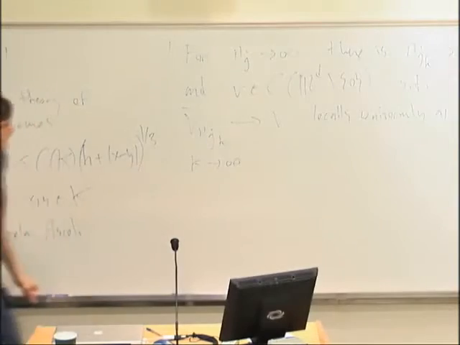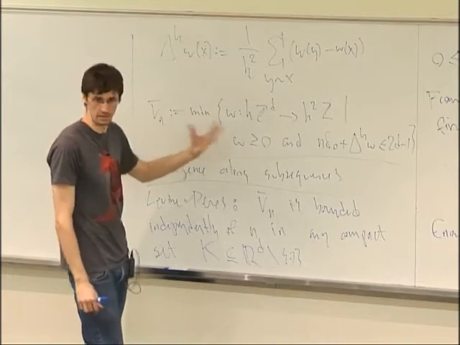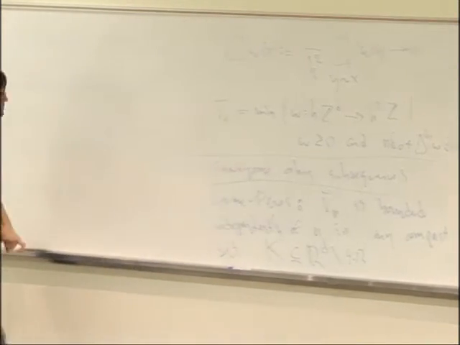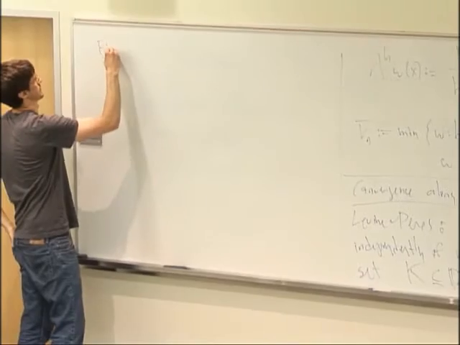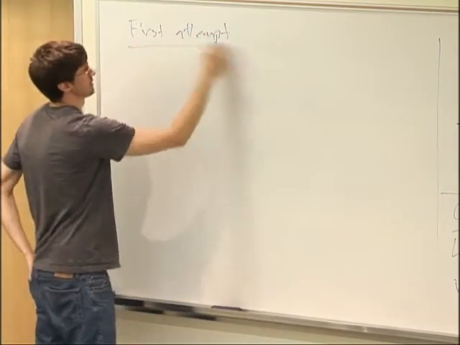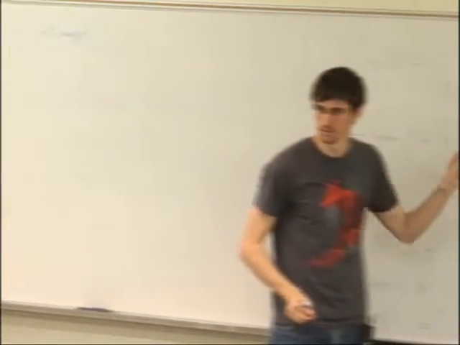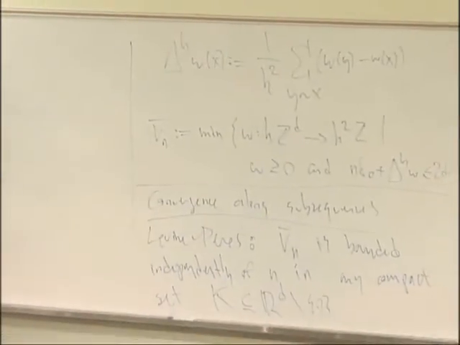And hopefully we can find a continuum version that's inherited, which gives uniqueness. So a first attempt would be to just set h to 0 in here. So we just send h to 0.